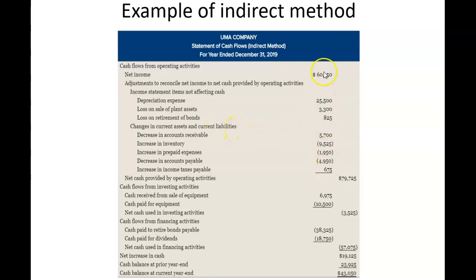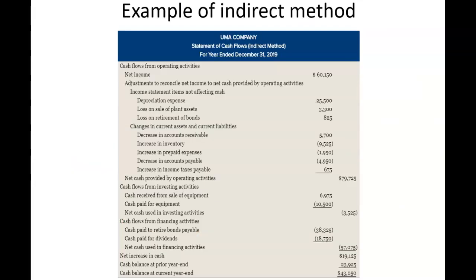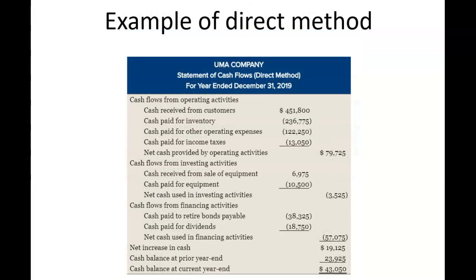I think it takes a little bit more of a sophisticated user of the financial statement to get as much benefit out of this presentation as out of this presentation. Great deal of benefit. And for that reason, I think GAAP recommends the use of the direct method but does not require it.